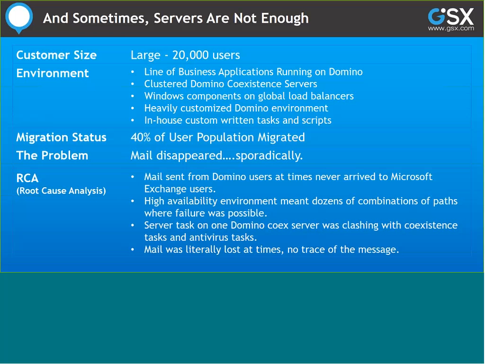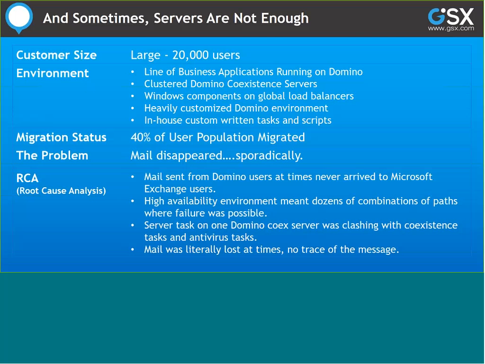Ultimately, it was a custom-written server task on one Domino server. One of these custom apps they wrote was clashing with a combination of the COEX required tasks and an antivirus task that was on there. When it acted up, we were able to determine that it acted up right after an antivirus definition update.